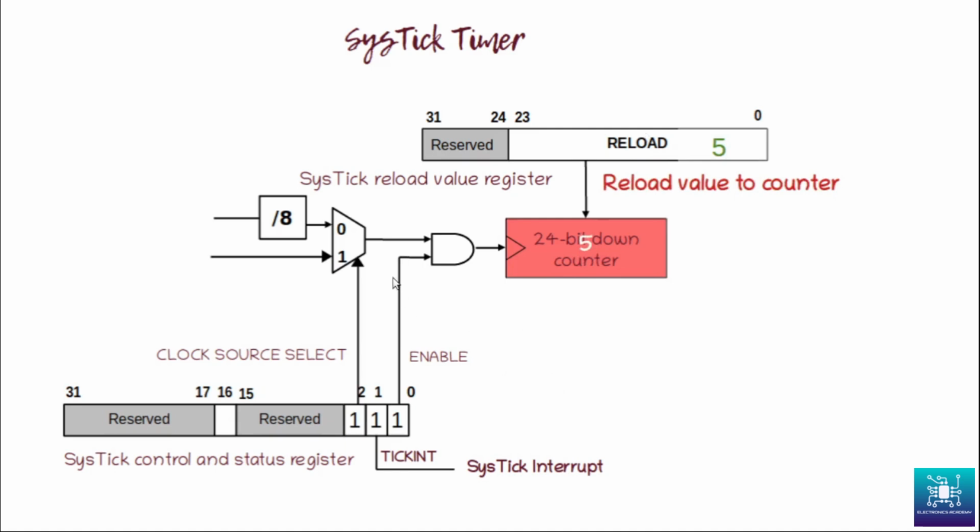Now on the bottom side here, the moment it reaches 0, the Systick interrupt is raised if the interrupt is enabled. So at every 0, the interrupt is raised. The counter is counting down to 0 and the interrupt is getting raised. So this is how the Systick timer works.